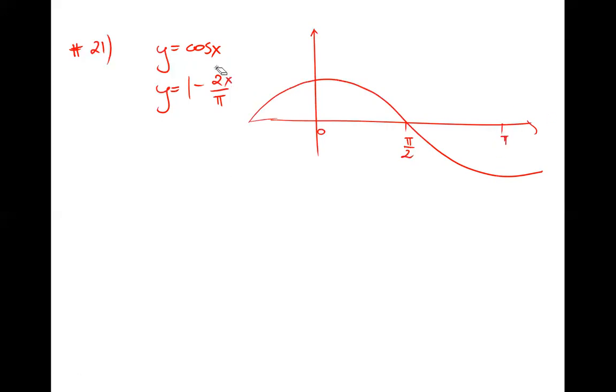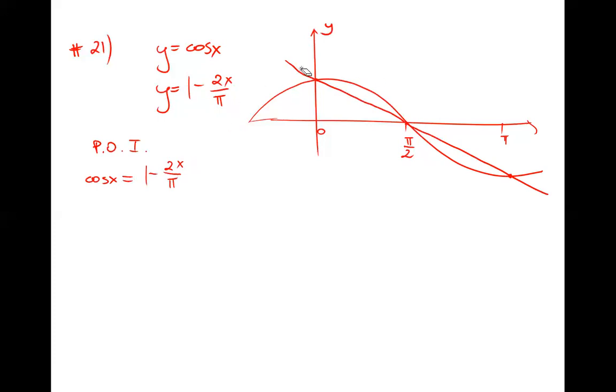And this one is a linear function with y-intercept 1 and negative slope. That means it's something like that. I still don't know, I am guessing, because what we can do for the points of intersection is that cosine of x must be the same as 1 minus 2x over pi.